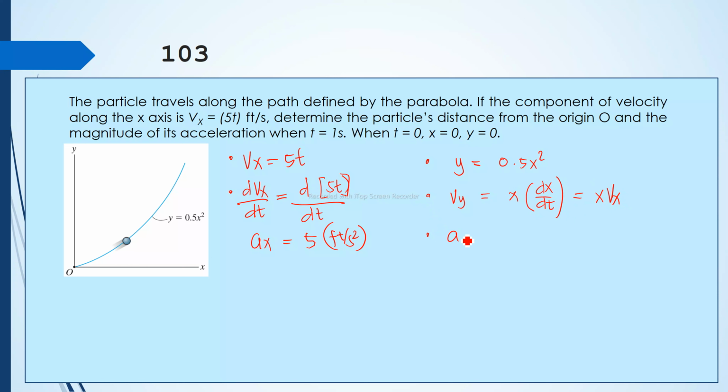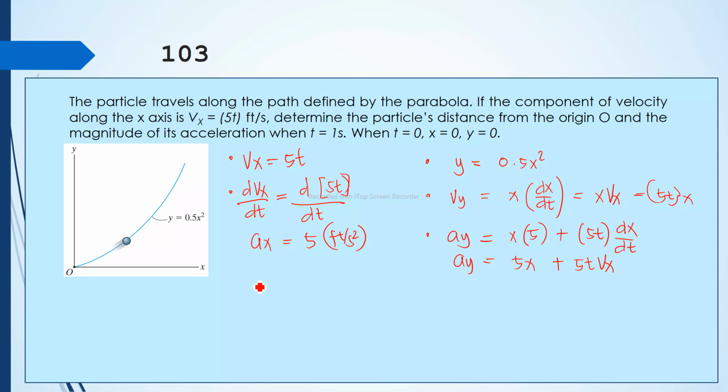And our ay is just equal to x times the derivative of vx again, plus vx times vx. Don't forget that vx is 5t. So we will have x times 5 plus 5t times dx over dt, or 5x plus 5t vx.